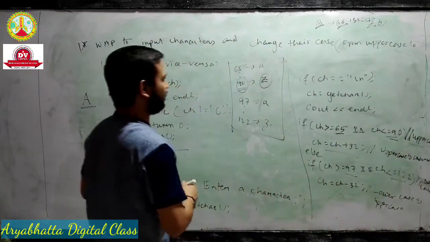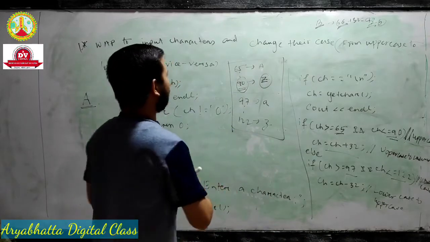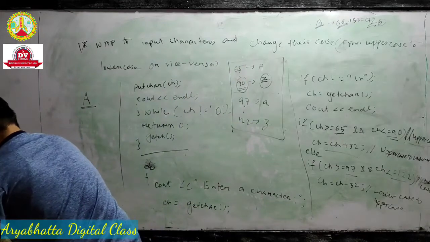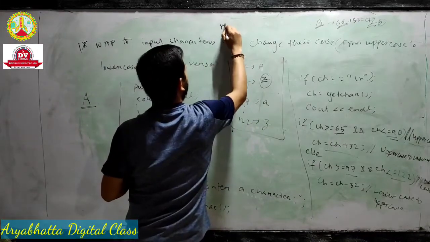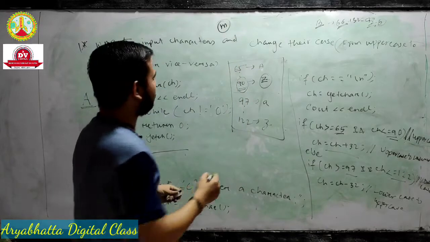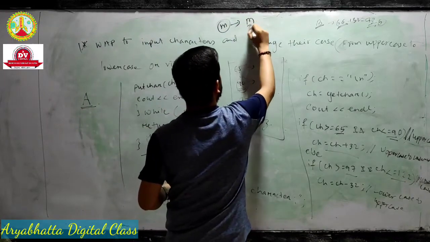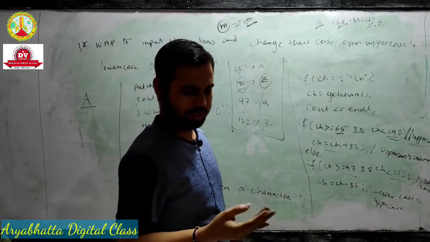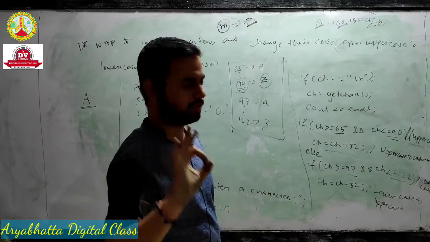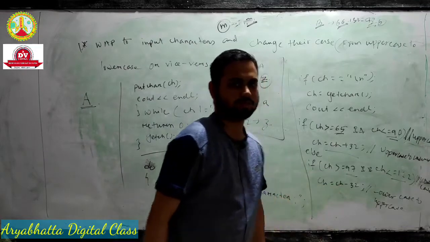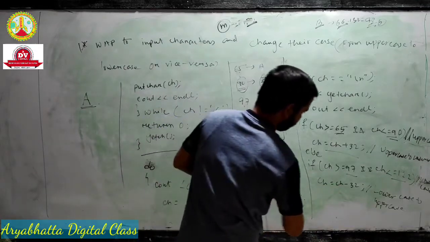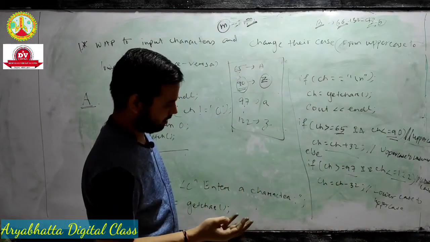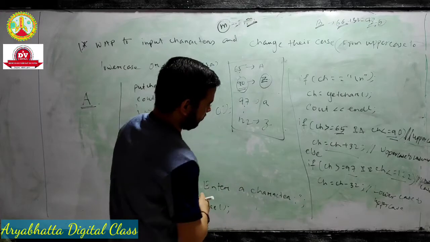Suppose we take small m and we need to convert small m to capital M. How? Counting A, B, C, D, E, F, G, H, I, J, K, L, M, small m is 97 plus 12.